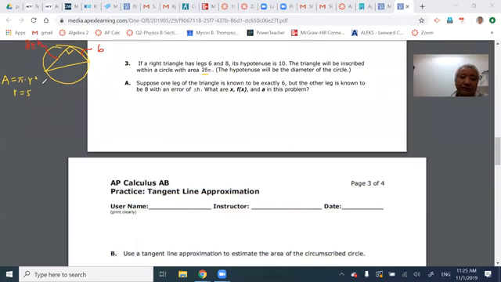h keeps changing, and we can assume this side equals x. So that means this side keeps changing. That's why x we can set as 8 plus h, or minus h, keeps changing.